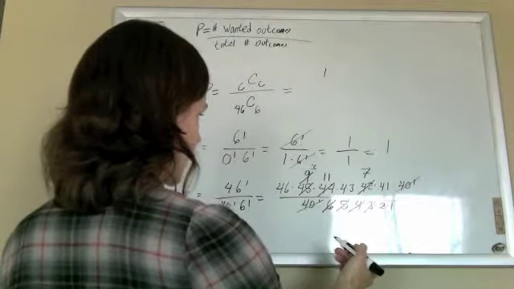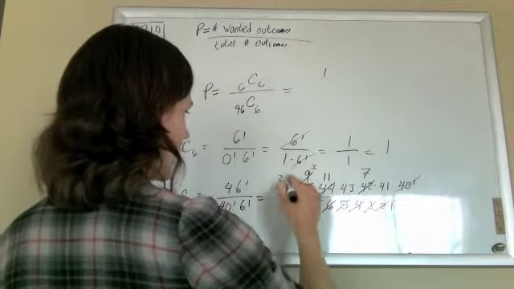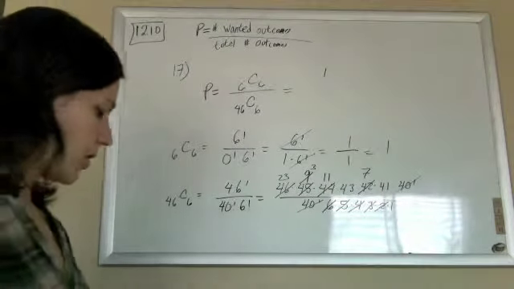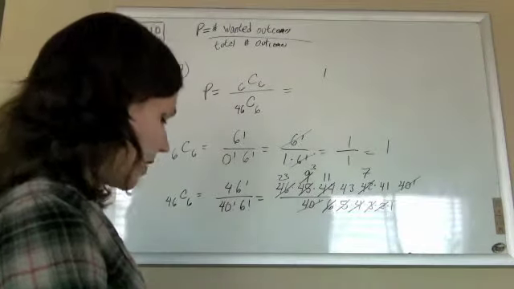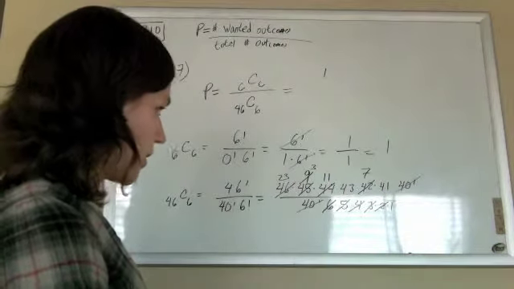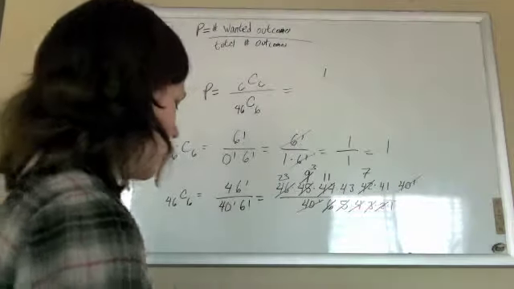And I'll divide by 2 to make this a 23. So all that I have left is 23 times 3 times 11 times 43 times 7 times 41.